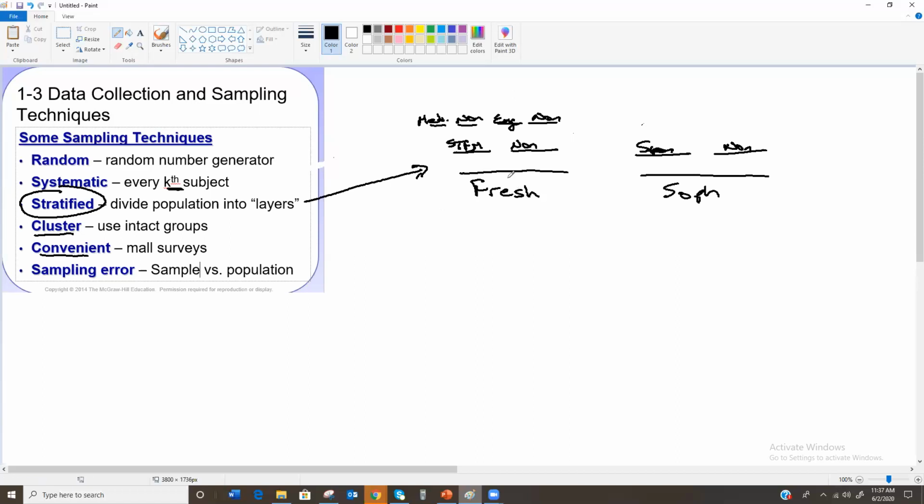The problem is, when you're said and done, even though you feel like you've done all this fantastic work of getting all these groups represented, is this way that you've sampled going to represent the population?